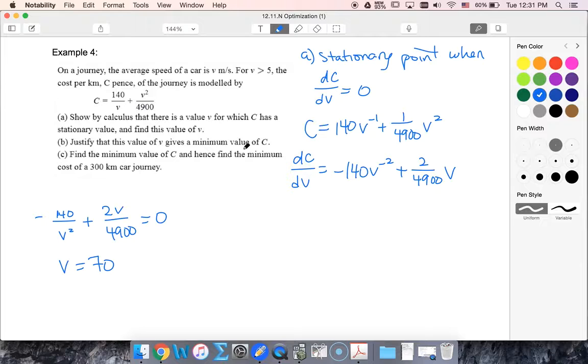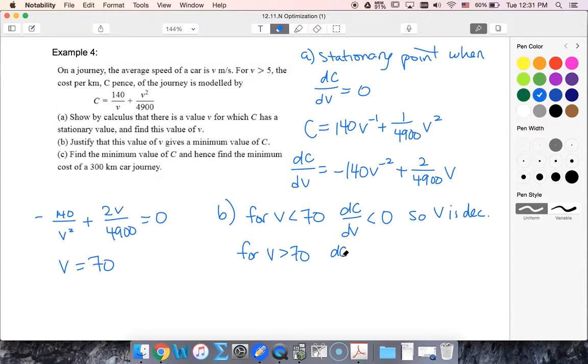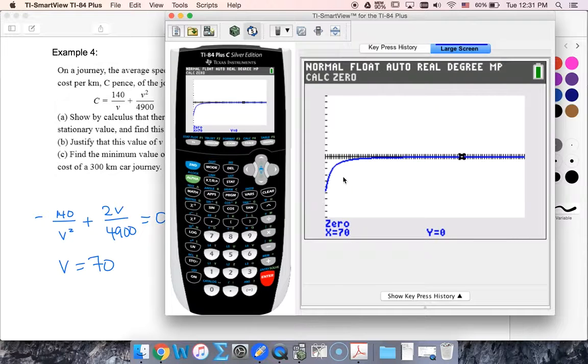So I could have done it with my graph as well. To justify that it's a minimum, well, this is just like the problem before. So for V less than 70, my derivative value is negative. So C is decreasing. For V bigger than 70, my derivative is positive. So C is increasing. And I see that in my graph again. I have negative values and then positive values.